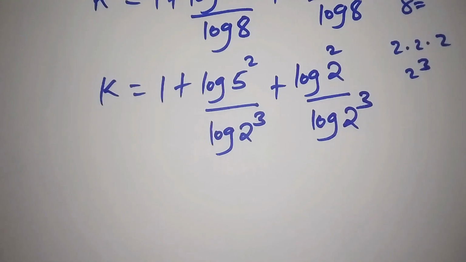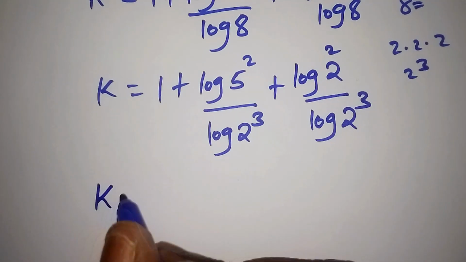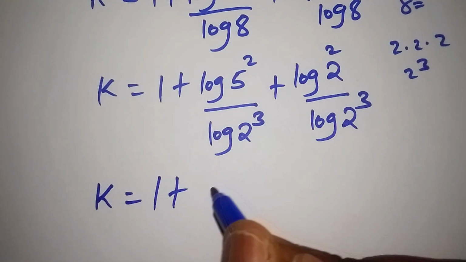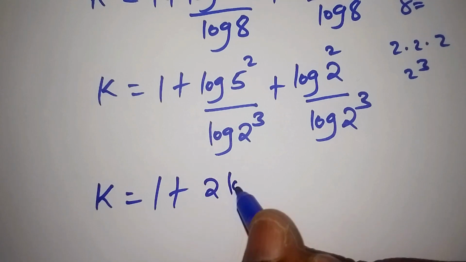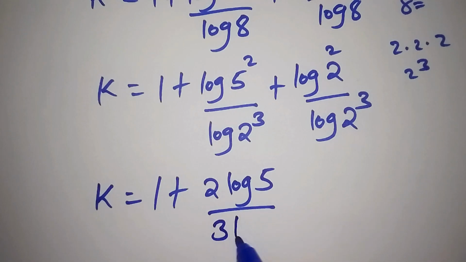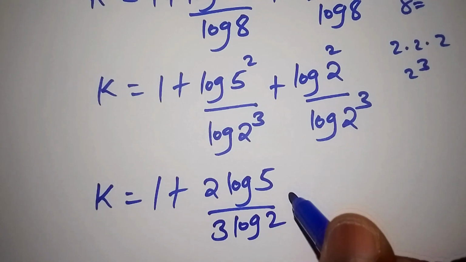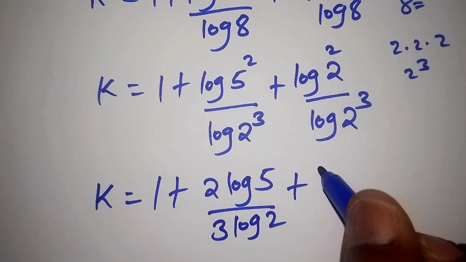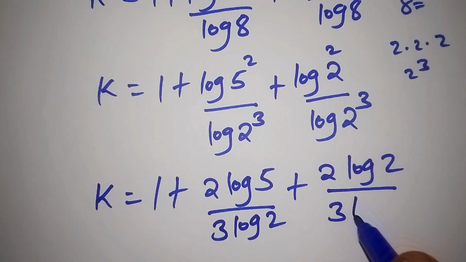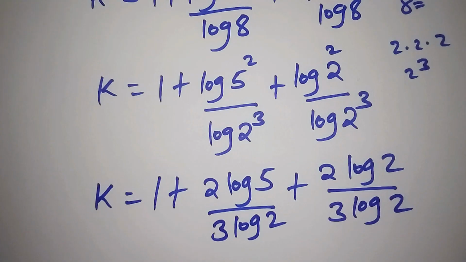So finally, we say that k is equal to 1 plus, the log of 5 to the power of 2 can also be written as 2 log 5, all over the log of 2 to the power of 3, which can also be written as 3 log 2, plus 2 log 2 all over 3 log 2.